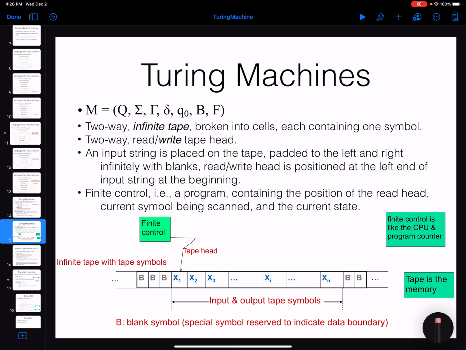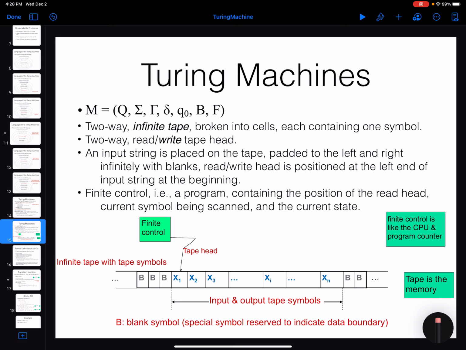Something about this tape is that the input which is given to you, the input string, has been written over the tape, so it is not a separate tape. Having a separate tape doesn't really give you more power. You can define another computation model, but the power of these two machines is going to be the same.